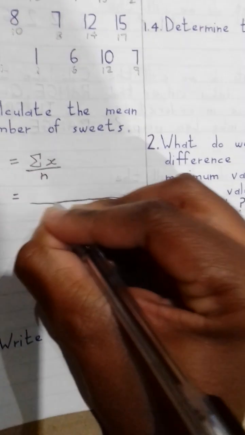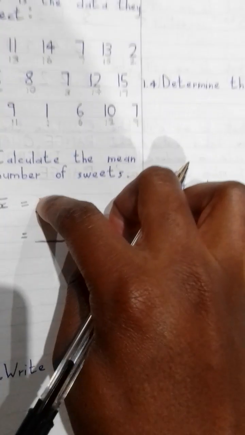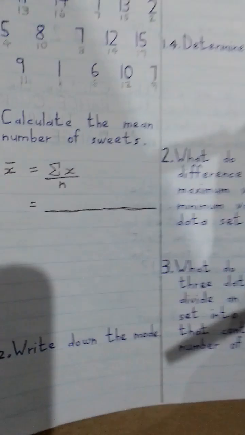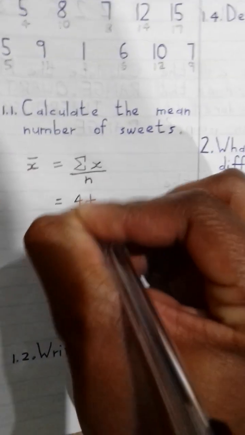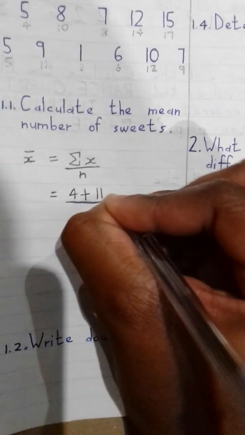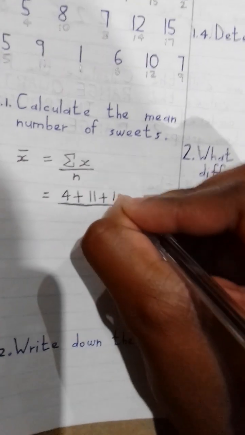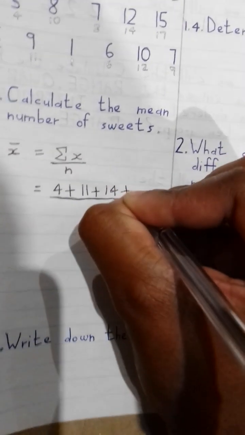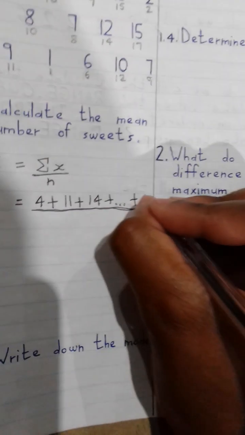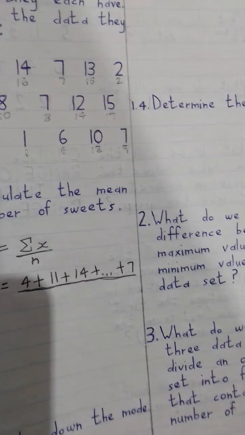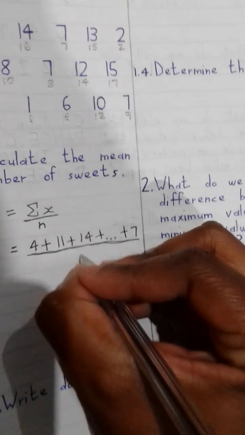Which is summation of x. You can put them in any order, it doesn't care. So it's going to be 4 plus 11 plus 14 plus others in between plus the last one is 7 over n, which is 17.